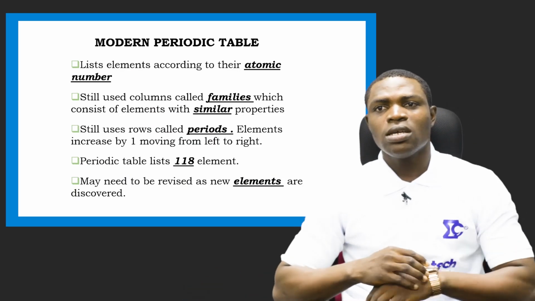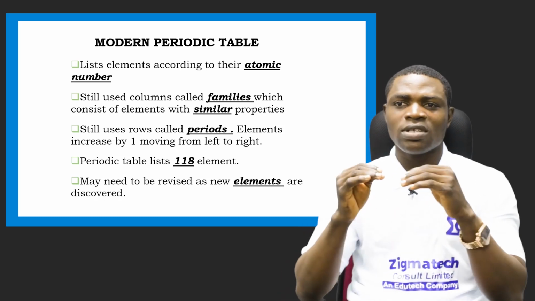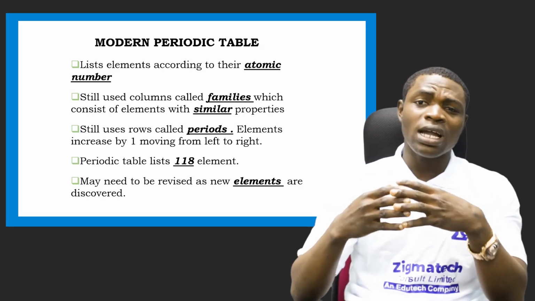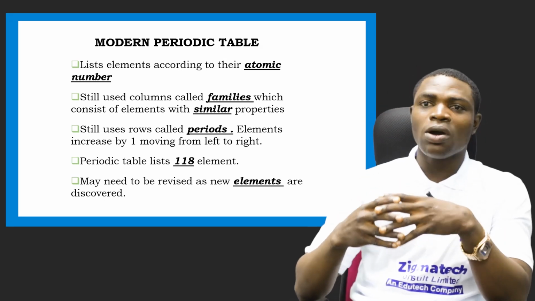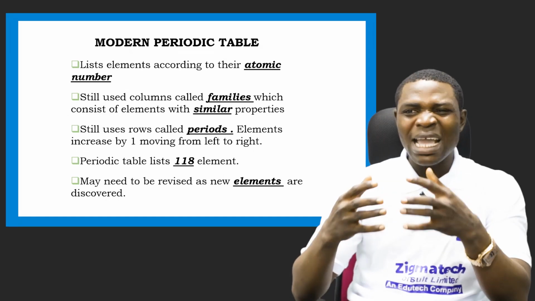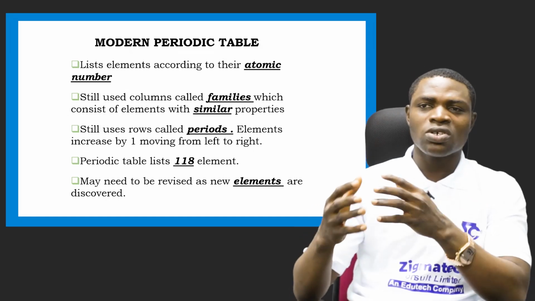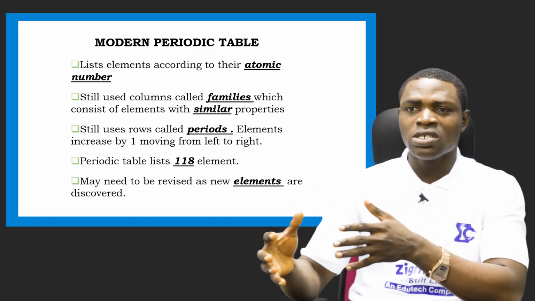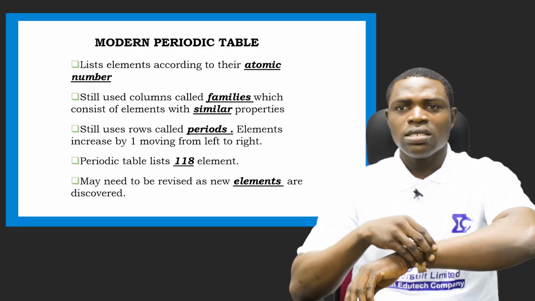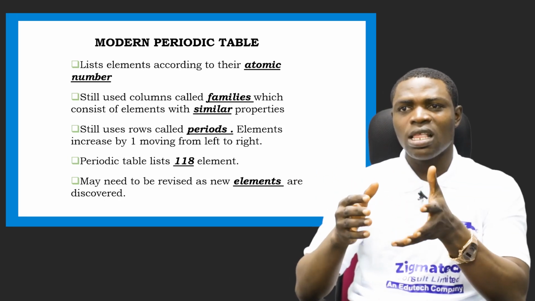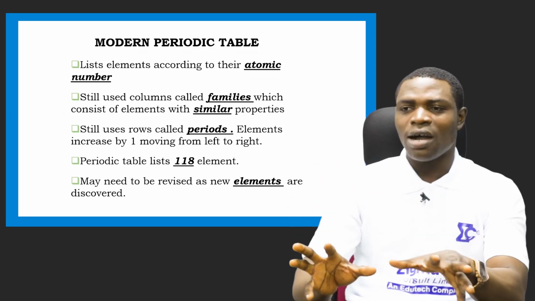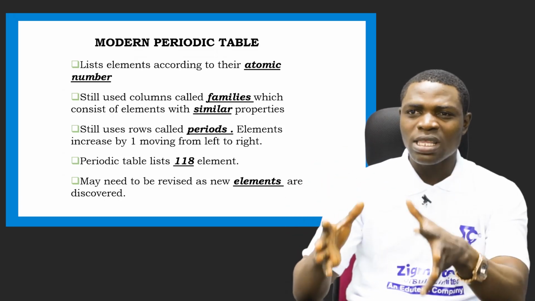Now, looking at the modern periodic table, this serves as the bedrock upon which we need to build our knowledge, because without extensive knowledge about how the modern periodic table looks, we might not be able to look at the trend, because the trend gives us direction as to what happens across the period and then the group. If you have to list the elements according to their atomic number, you don't have to be afraid. Go through the modern periodic table.